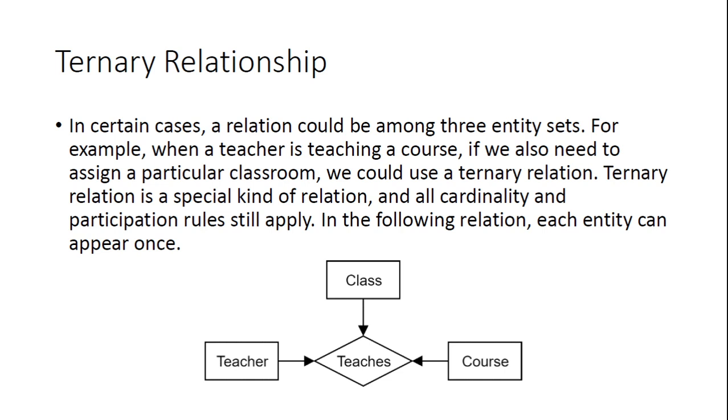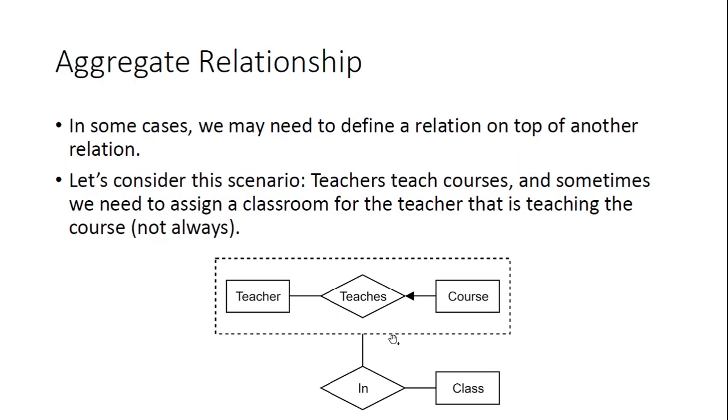Maybe we do not need to assign a physical classroom. If I'm keeping null values for many of these entries, then maybe instead of the ternary relationship, what I need is an aggregate relationship. Aggregate relationships are actually defining a relationship on top of another relationship.